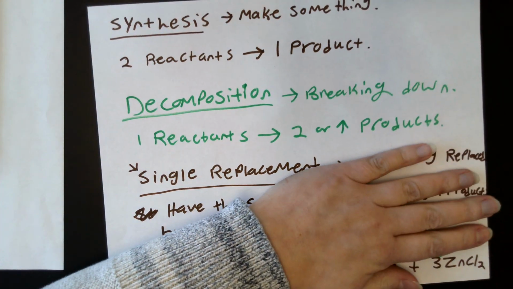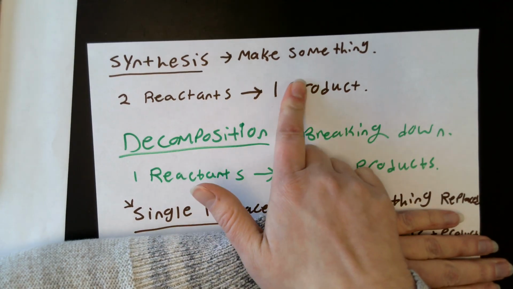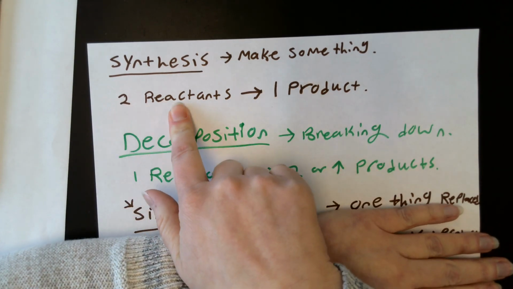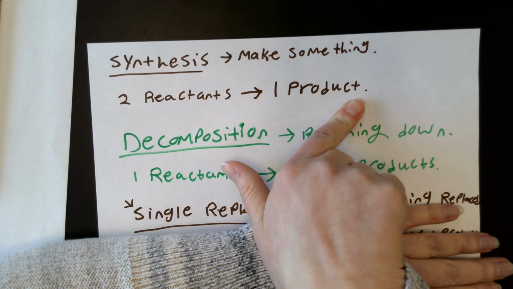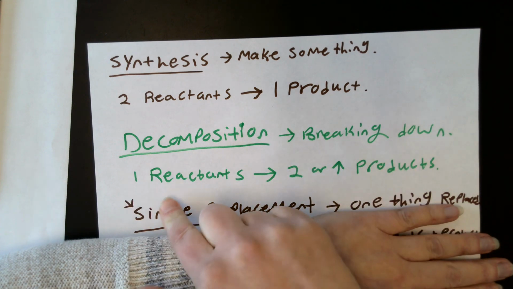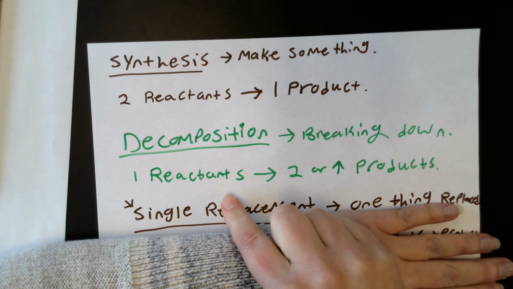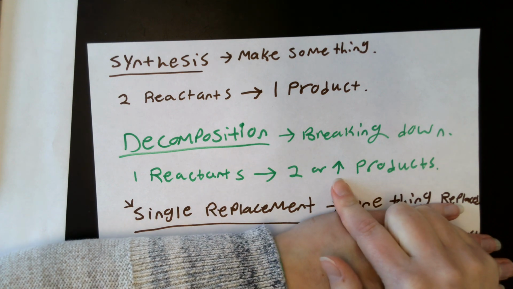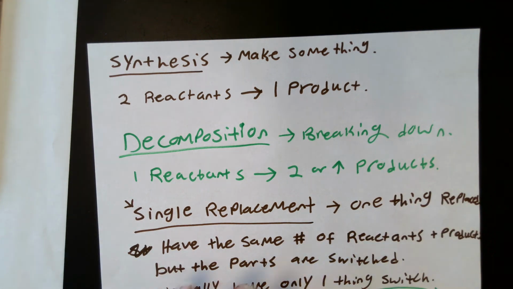Okay. We have synthesis, which is where we make something by starting with 2 reactants and ending up with 1 product. Okay, and then decomposition, where we break something down, is taking one thing on the reactant side, like one compound, and it breaks up into 2 or more products. Okay?